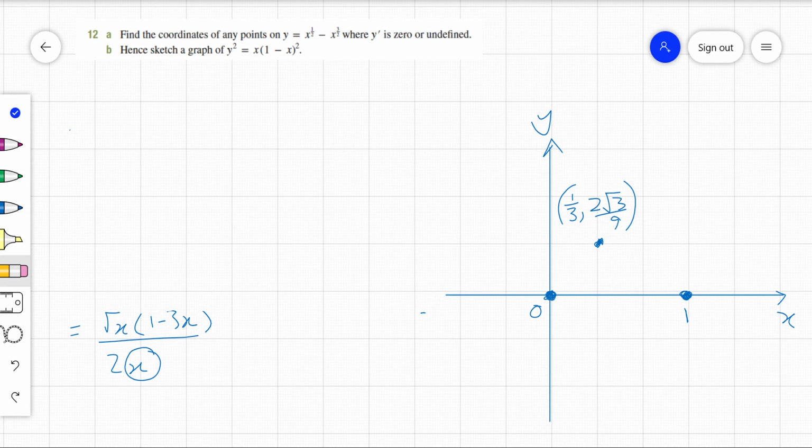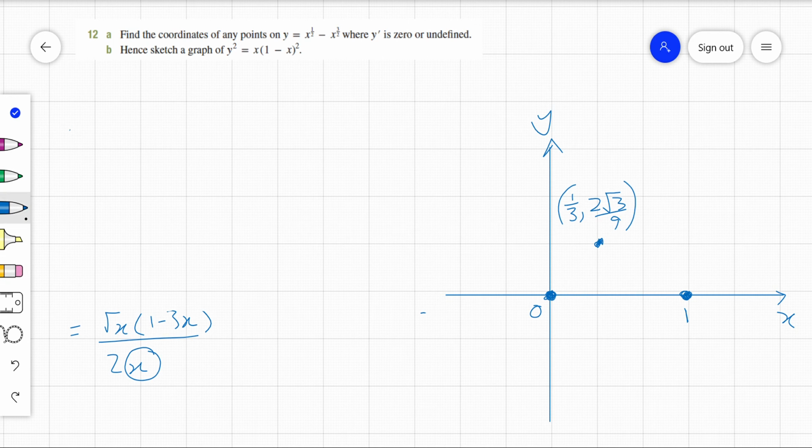So this is just y dash of the plus case, and then I'm going to reflect it in the x-axis. So you can kind of see what it's looking like already. We might need to know what happens either side of 1/3.